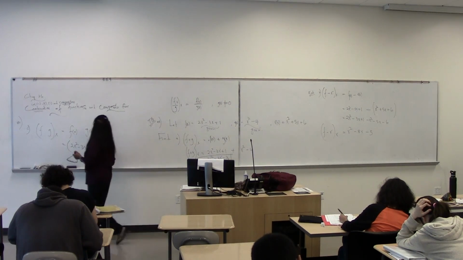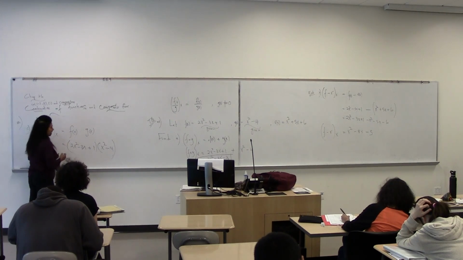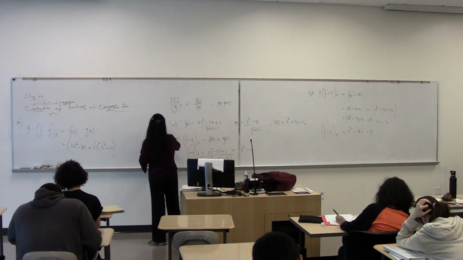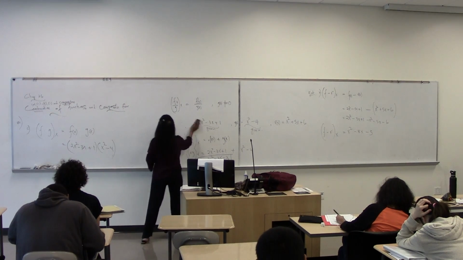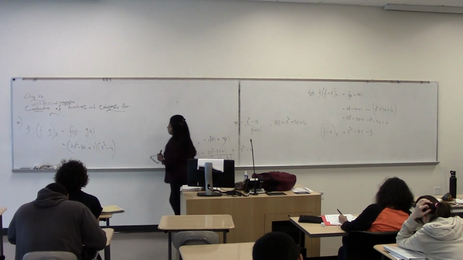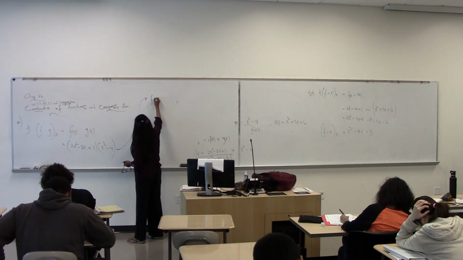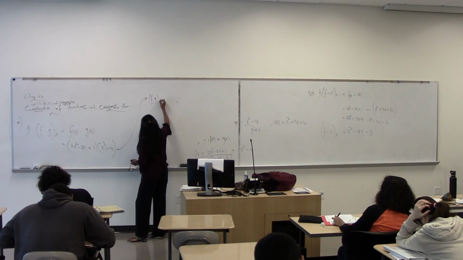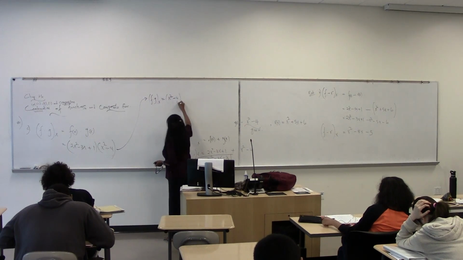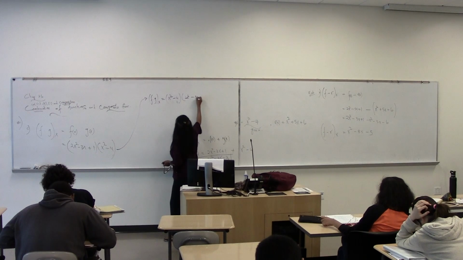It's better if you start with this one first. So here I'm going to write f times g of x is equal to, and I'm going to put the binomial part first so it's easier for me to multiply. Is that okay, class?